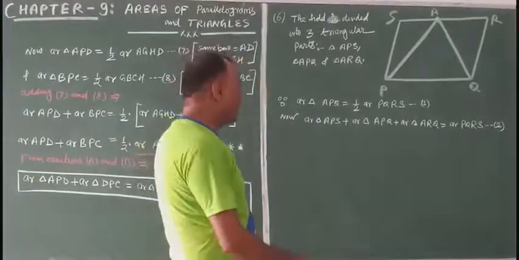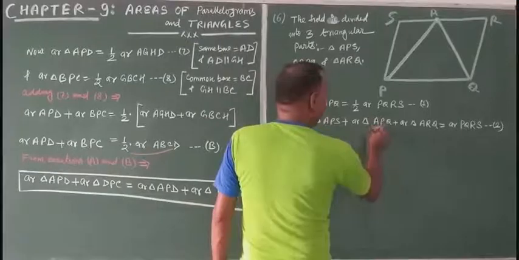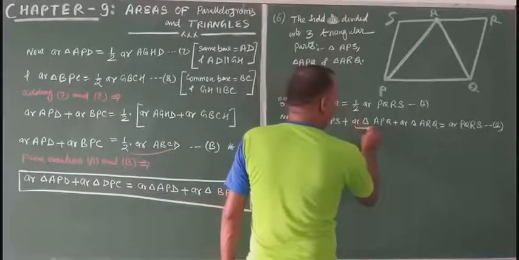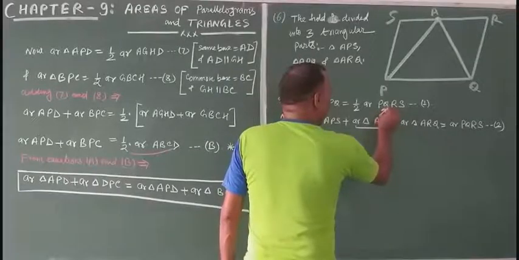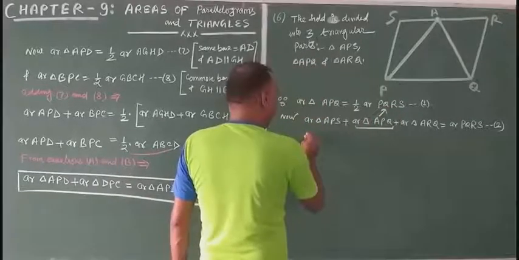Now from equation first, put in place of APQ. This APQ can be replaced with half of the area of PQRS. So what will happen?